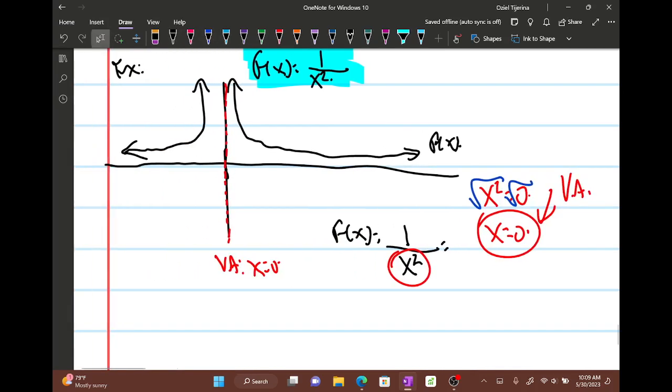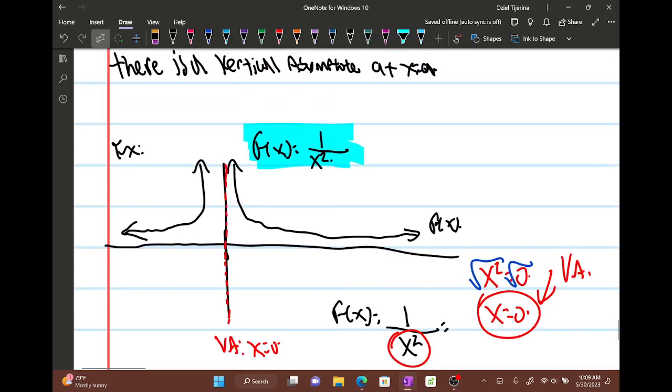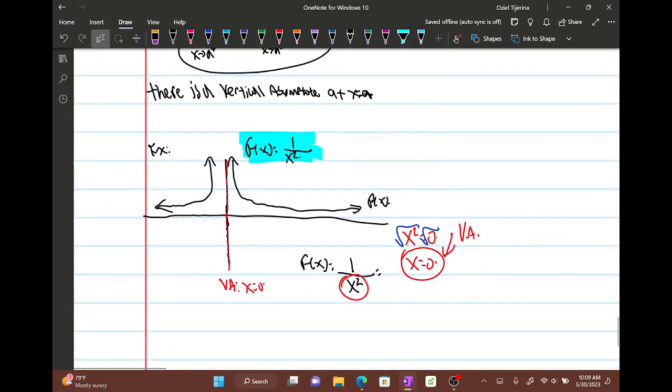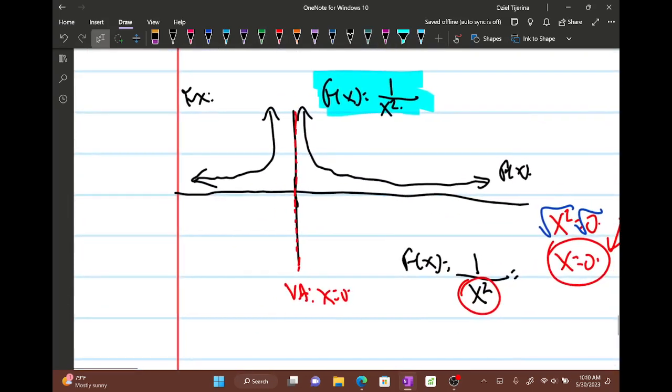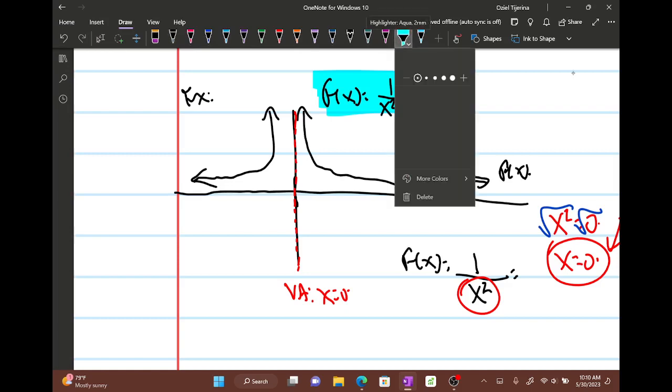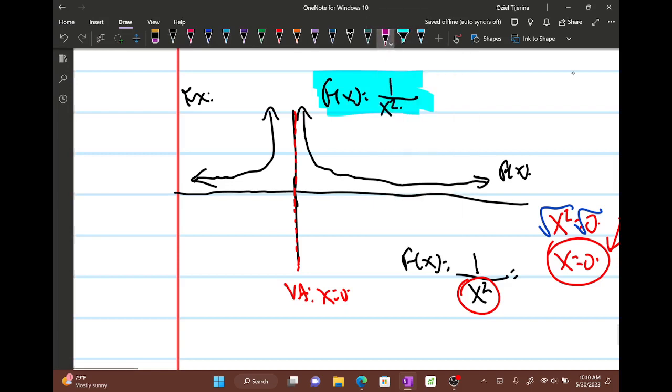Now, if I look at this, I know that as x approaches 0 from the left, it approaches infinity, and it approaches infinity from the right as well.